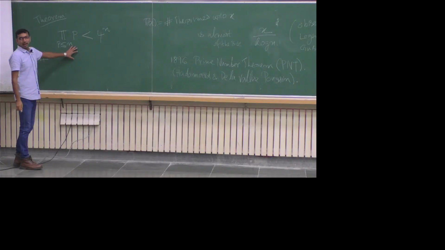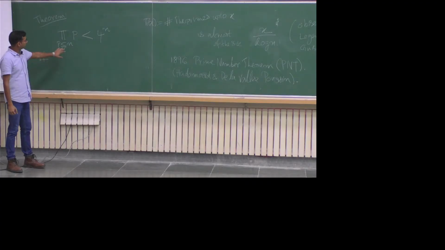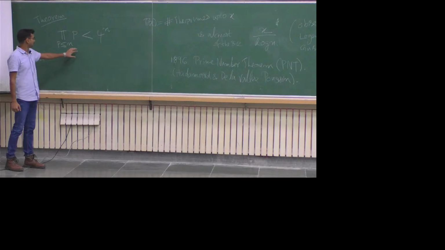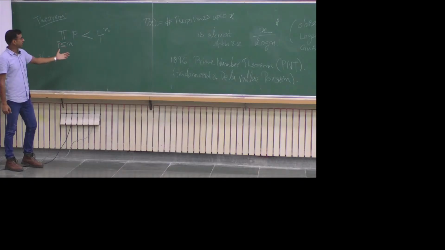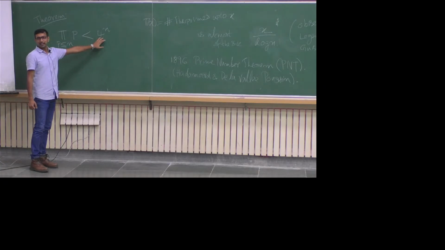Before going into the proof, if we prove this, then what does it mean? Take the log on both sides. It says that if you take the log of the primes less than or equal to n and add them up, that sum is bounded above by n times a constant, log 4.